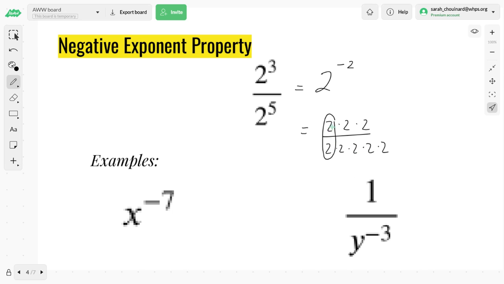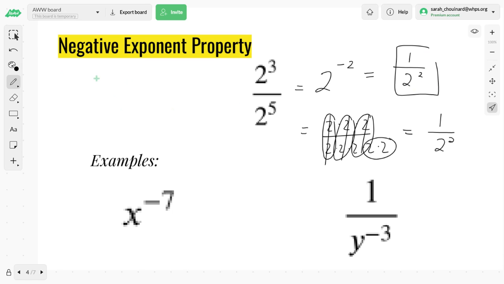We know that 2 divided by 2 is 1, and 2 divided by 2 is 1, and 2 divided by 2 is 1. So I'm really left with 2 2's being multiplied in the denominator to give me 2 squared, and 1 is left in the numerator because 1 times 1 times 1 equals 1. So what we know is 2 to the negative second is 1 over 2 squared.